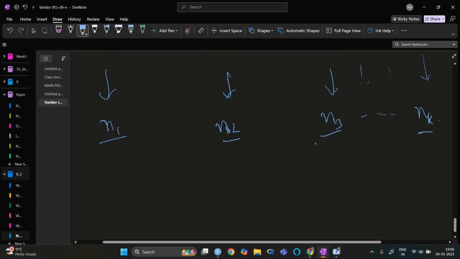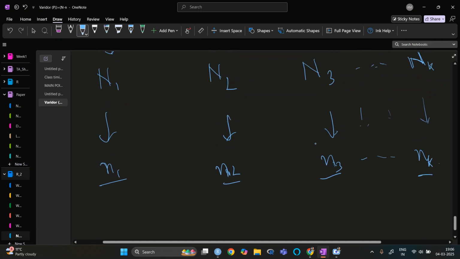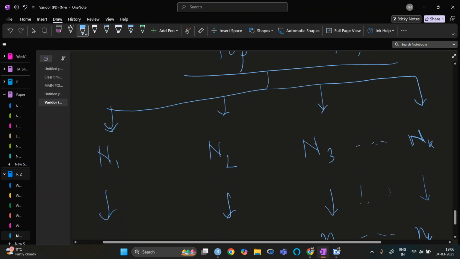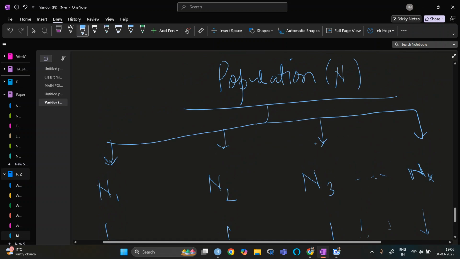Also, doing the sampling in this form can be typical. So what we do is divide it into regions, so that the variability within each is low.